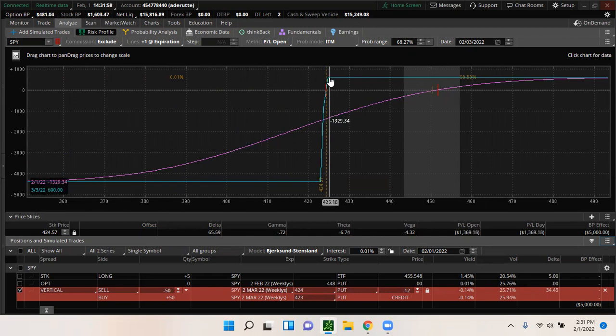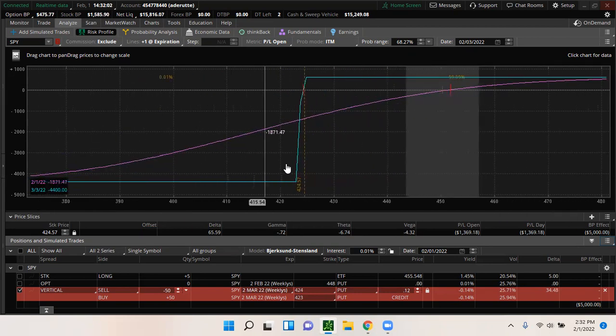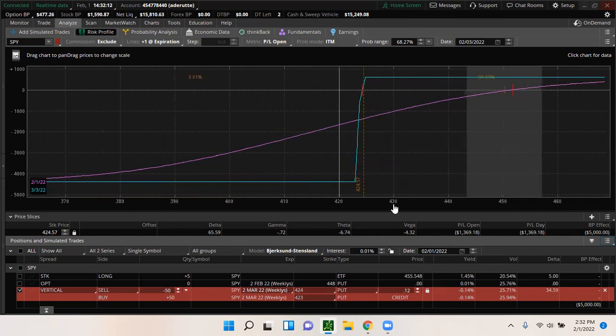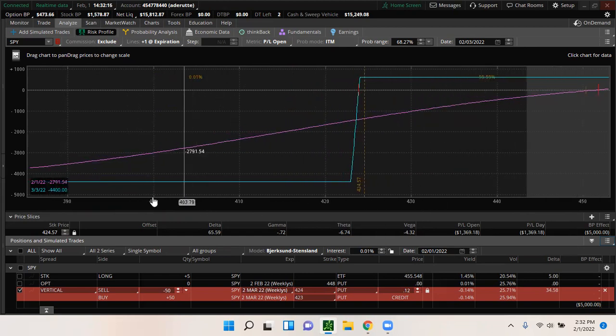And then there's this in-between spot, right? Like what happens here? Anywhere between 425, 424 to 422. That's when there's some variability of my specific profit to loss ratio shifting.